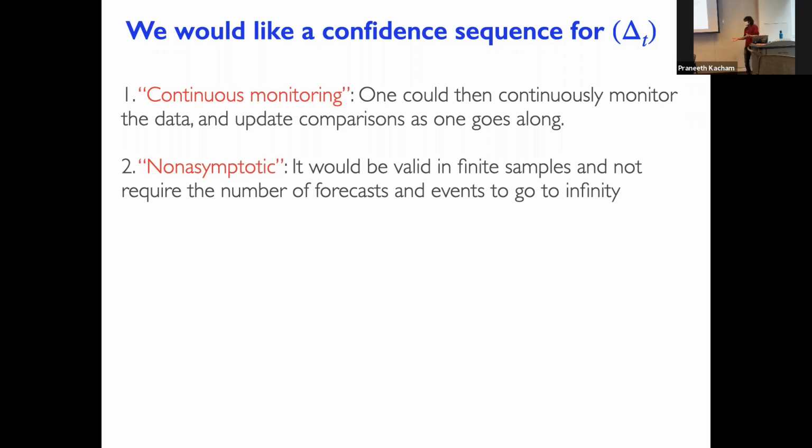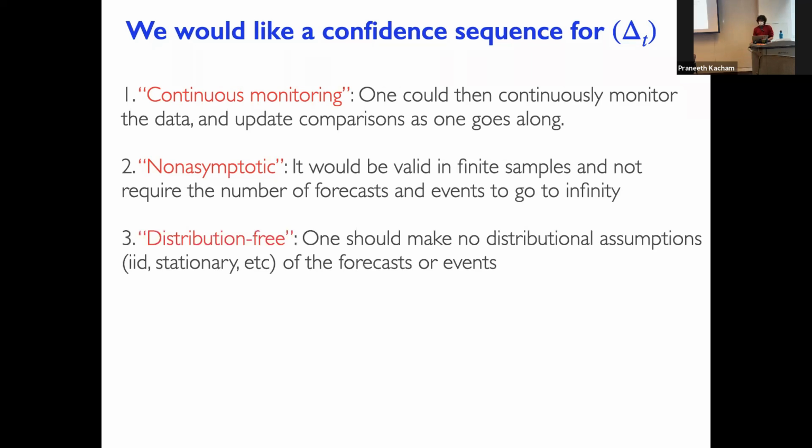You can stop comparing them and award a trophy to one of them if you want. That would be an adaptive data-dependent stopping time at which one is proclaimed to be better than the other. You can do all of that, and your inferences would not be invalid. It's all non-asymptotic, which means it's valid in finite samples. It doesn't require the number of forecasts and events to go to infinity or anything of that kind.